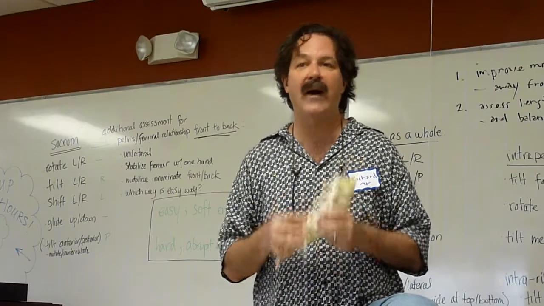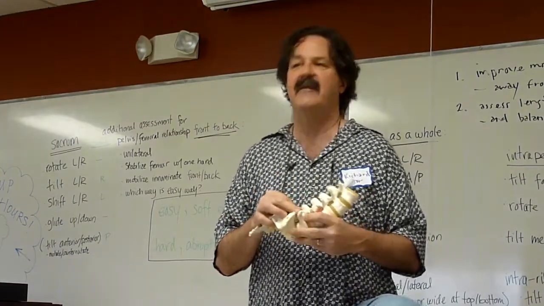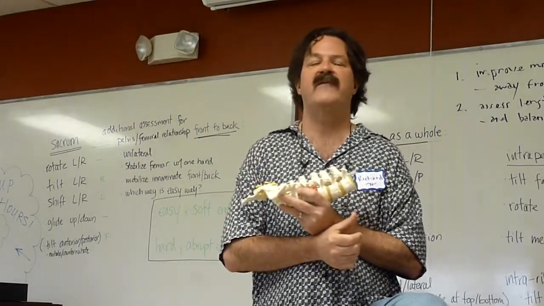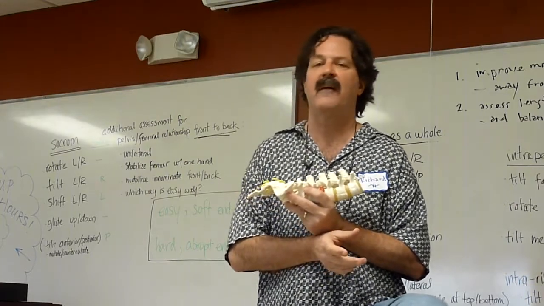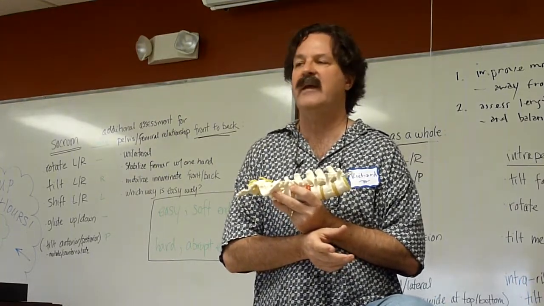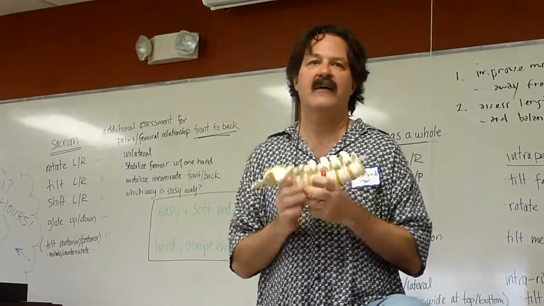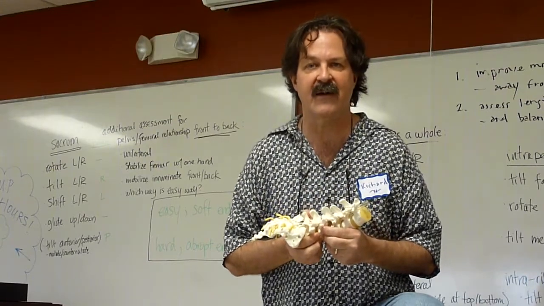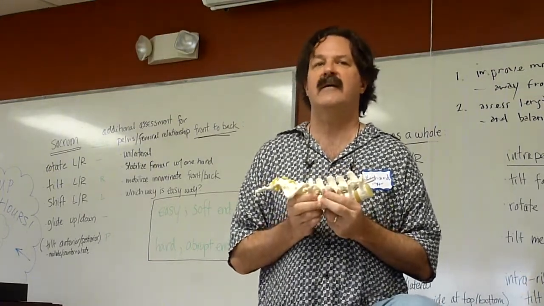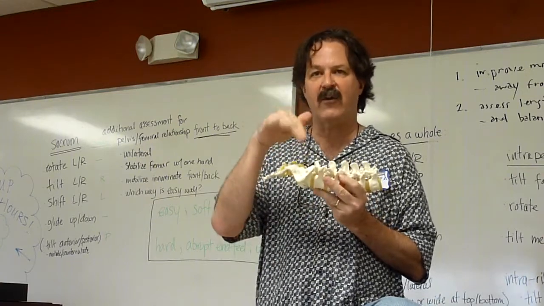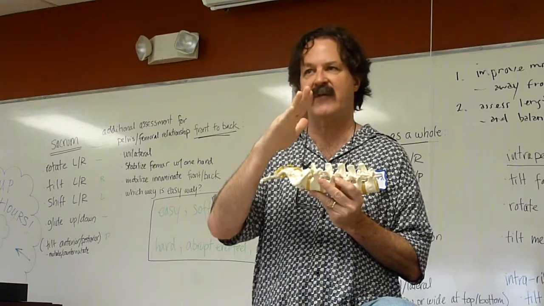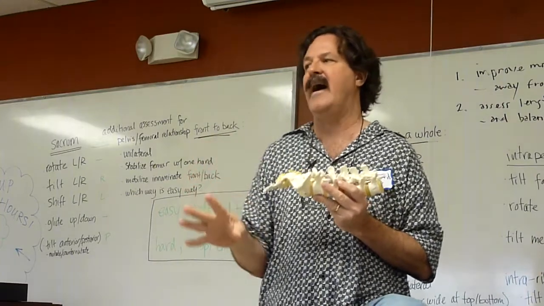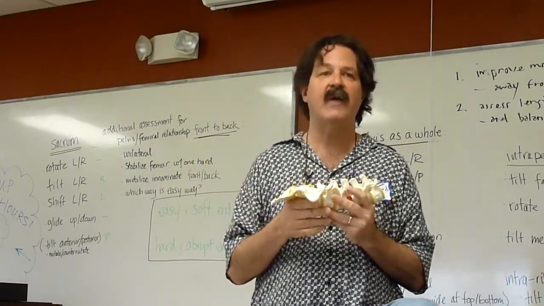But wait, it gets better. What's even better than that is that, for the most part, in the vast majority of situations, when you see one of those places where there's side bending and rotation to the same side, if all you did was try to correct the part where they're either stuck in flexion or extension, and you didn't even worry about the side bending and the rotation, the vast majority of the time, that will be enough.